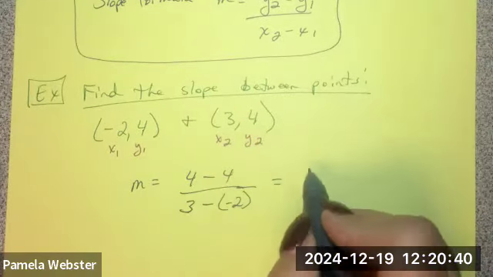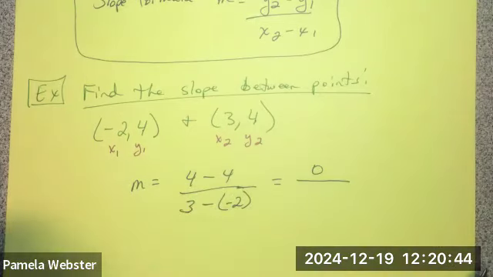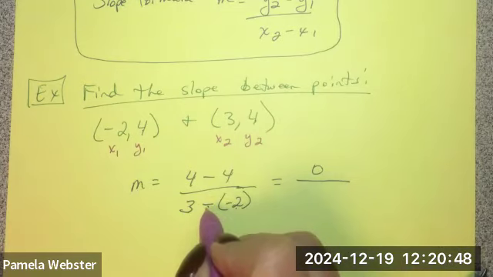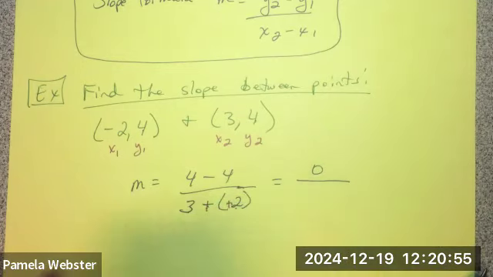The first thing is 4 minus 4 is 0 on top. But the second thing is down here on the bottom, I've got 3 minus a negative 2. And hopefully you remember a minus and a negative, or a negative times a negative, makes a positive, right? Okay, so on bottom, I've got 3 plus 2, and that's a 5.